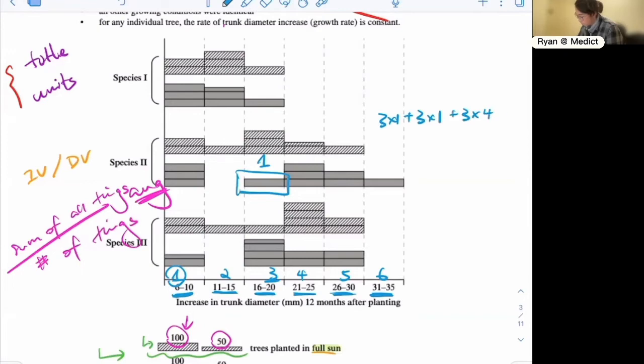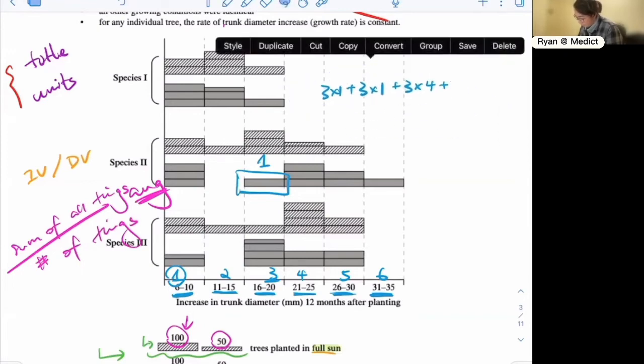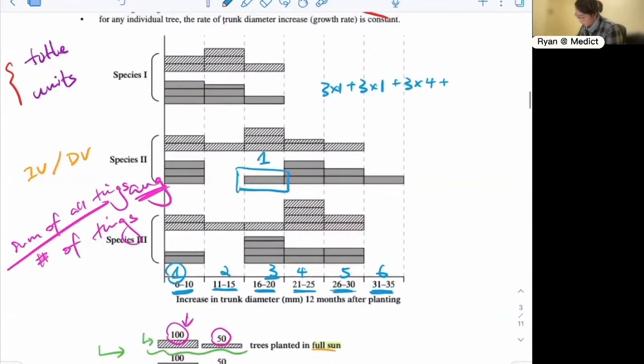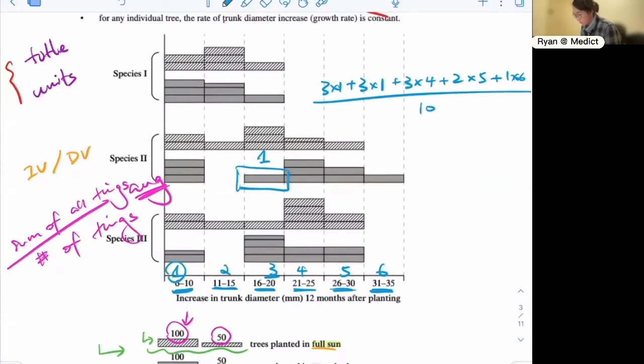So 3 times 4, plus we have 2 rectangles, and then we have number 5 assigned to them, and then plus number 6, 1 times 6, and divided by 10 rectangles. Right? So if we do the calculation over here, we can probably get something like 3, 12, 10, 6. So 18, 28, 34, 3.4 is the mean for species 2 in part shade.